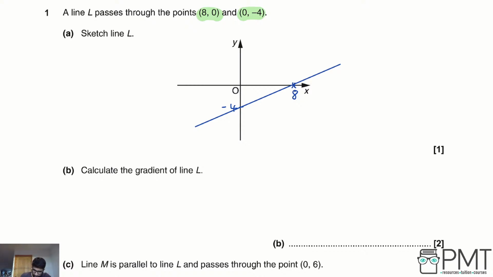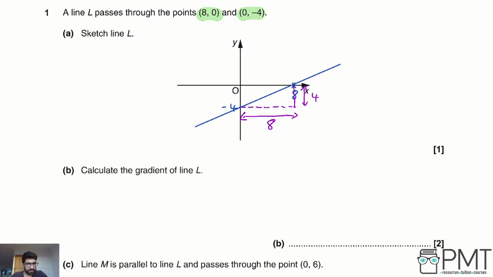Remember, we want the rise over run. You make a triangle, the rise is the opposite side, and this is going to be a distance of 4, and this is going to be a distance of 8.